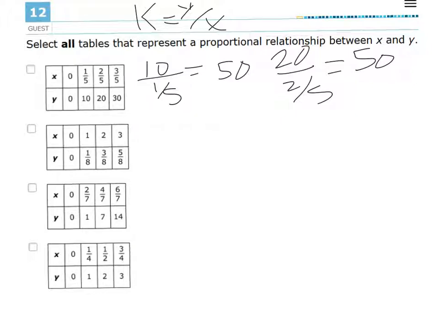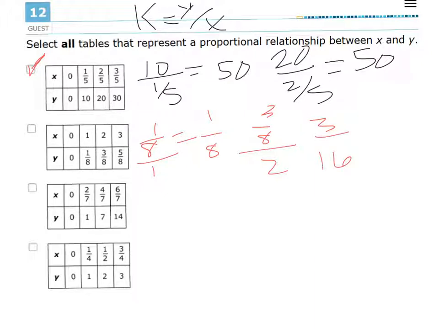So the first answer is a true statement, so that is correct because there is a constant proportional relationship. Now for the second one, I'm going to go 1/8 divided by 1, which is 1/8. Then I can go 3/8 divided by 2, and that gives me 3/16. So automatically I could see that since they are different, this is not a correct answer.